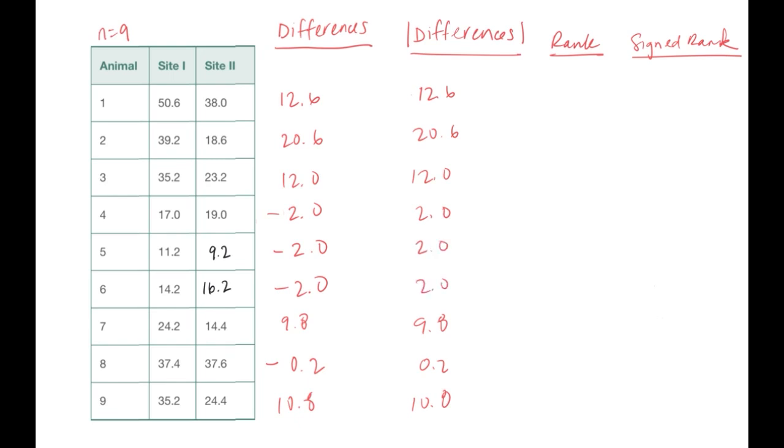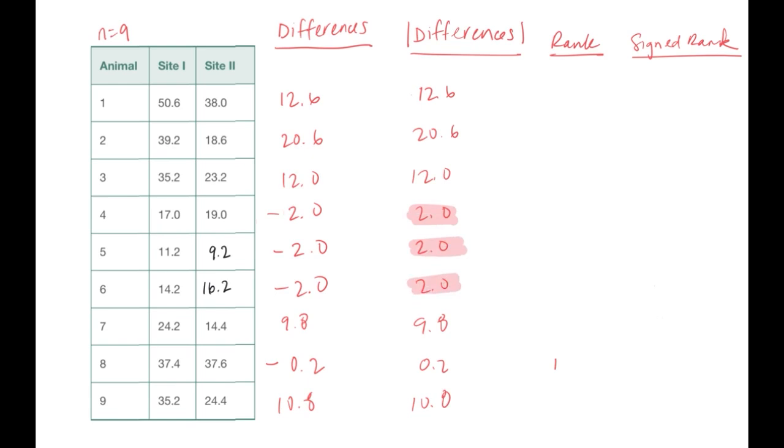So now we have to think about how we're going to rank these. As before, rank 1 goes to this one here, animal number 8, because it has the smallest difference. But now I've got 3 differences that are the same. Here, here, here. They're all 2.0. How do I deal with that?